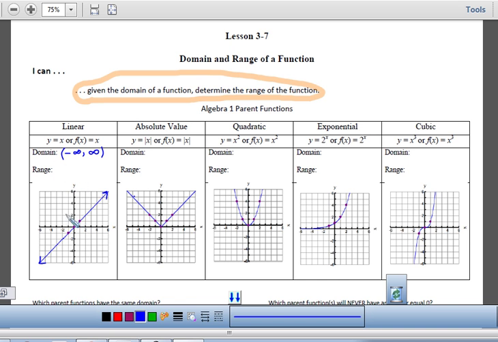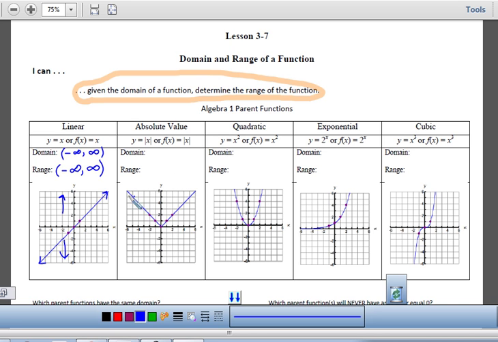It will continue to go on forever, upwards or downwards. The y values, remember, go vertically up and down. So again, just like the domain, using interval notation, we have negative infinity up to positive infinity. Okay? Alright, so now we have absolute value.